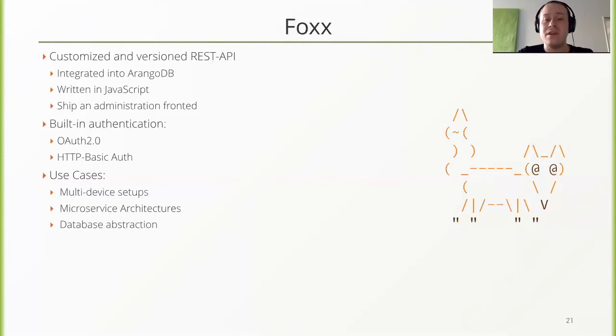They just have an HTTP endpoint where they can fill in the parameters, and that's it. And this gives you lots and lots of possibilities of database abstraction to make your complete application unaware that it is actually talking to an ArangoDB instance or even a cluster of ArangoDB instances. It doesn't need to know because it just talks to this Foxx endpoint and that's it.